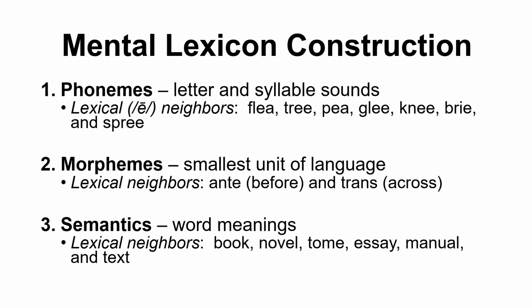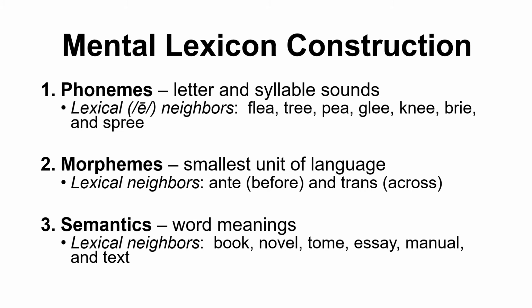With morphemes, if you recall, these are the smallest unit of language that actually have some meaning to them. So in addition to our root words, we can look at things like prefixes and suffixes, and those would again be associated by similar meanings. So here we'd have next to each other things like anti, meaning before, and trans, meaning across, so relationships directionally.